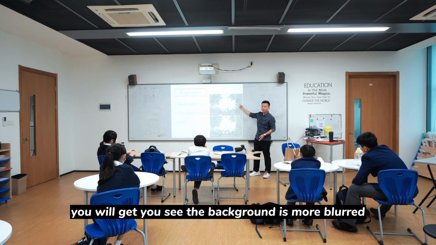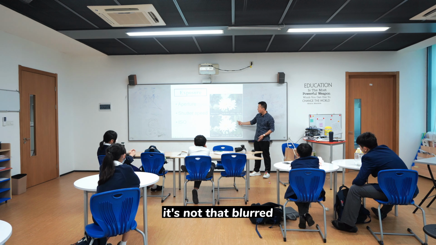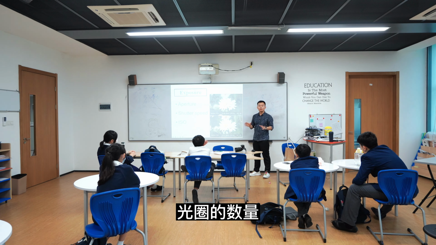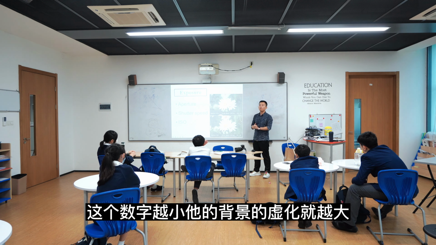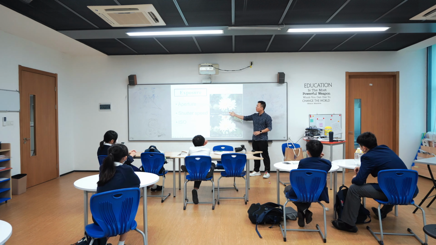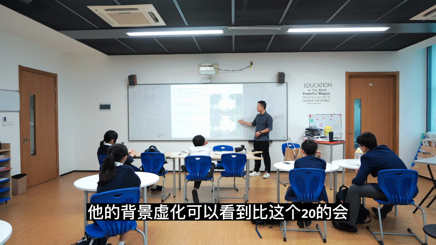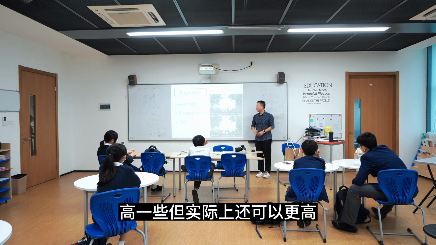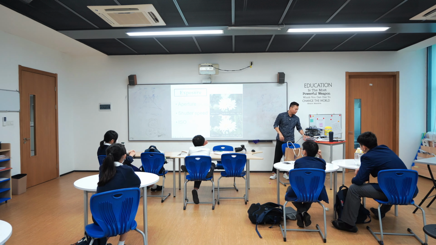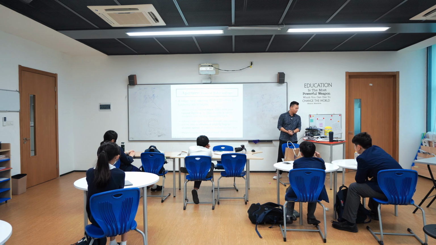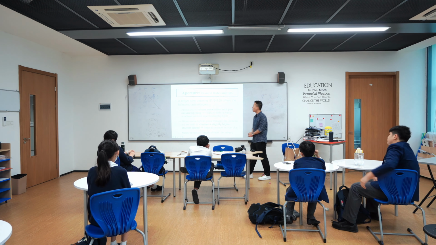The background is more blurred here, but for this one it's not that blurred. You get what I mean? 光圈的数字越小，背景的虚化就越大。比如这个5.6的光圈，背景虚化比这个20的要高一些，但实际上还可以更高。Some basic rules and tips for the aperture setting.